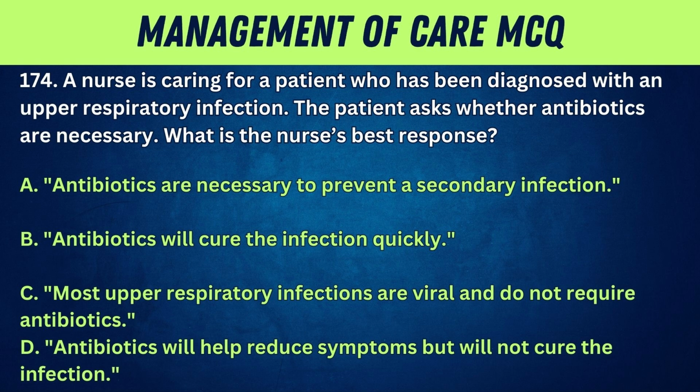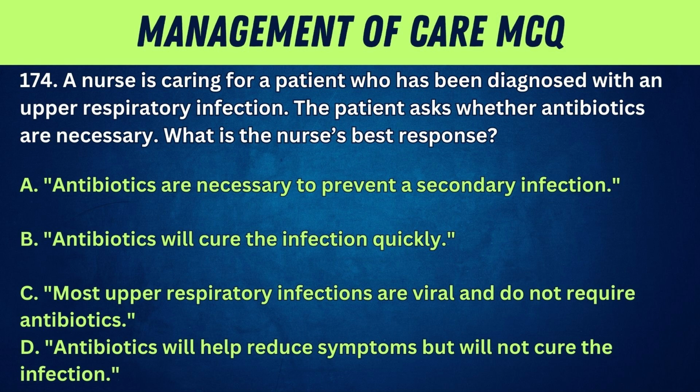174. A nurse is caring for a patient who has been diagnosed with an upper respiratory infection. The patient asks whether antibiotics are necessary. What is the nurse's best response? A. Antibiotics are necessary to prevent a secondary infection. B. Antibiotics will cure the infection quickly. C. Most upper respiratory infections are viral and do not require antibiotics.